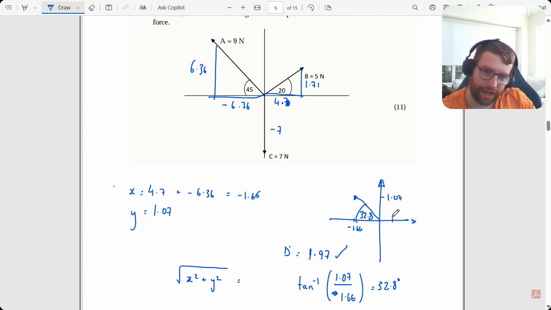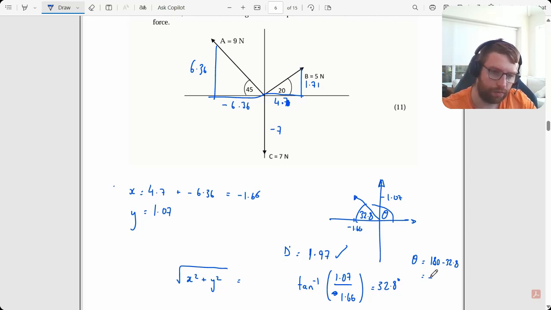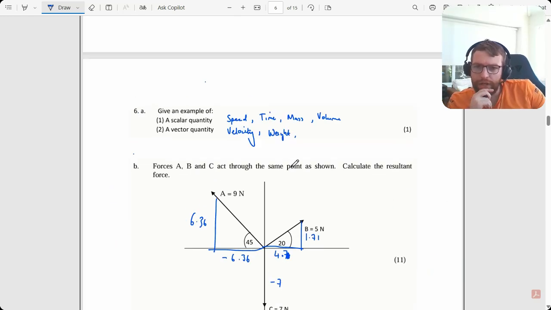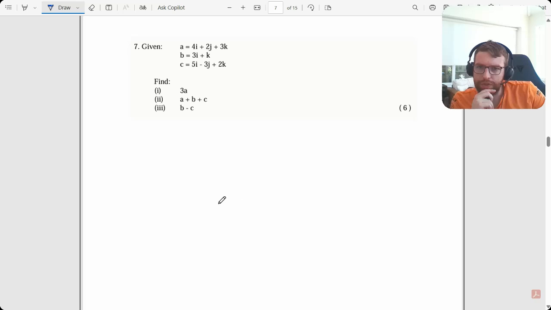So what we need to do is to get this angle and just subtract that from 180. And that'll get us the answer we need, which was 147.2. There you go. Okay, so that's that done. Yeah, all done. And we're getting on to other stuff now.